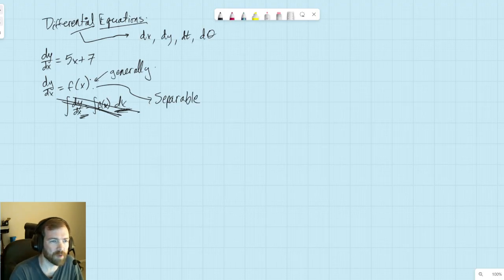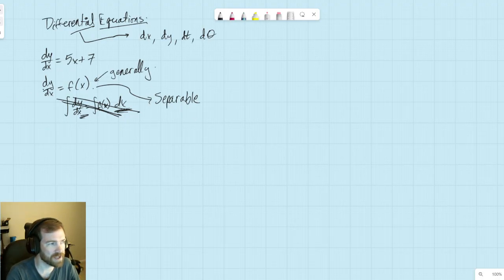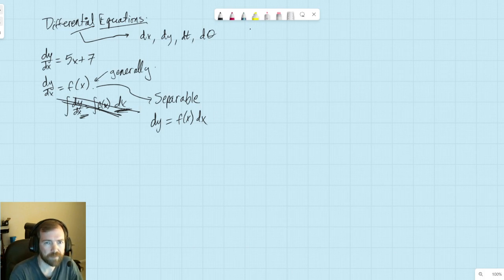So this is a separable differential equation. By that, I mean that we could take all of the y stuff and put it over here, and all of the x stuff and put it over here. So for instance, in this particular case, you multiply both sides by dx. And we end up with dy is equal to f of x dx. And then we could take the integral operator and put it on both sides.